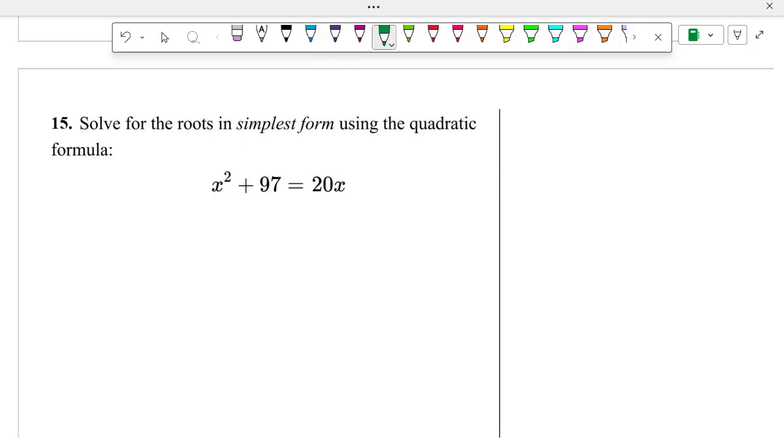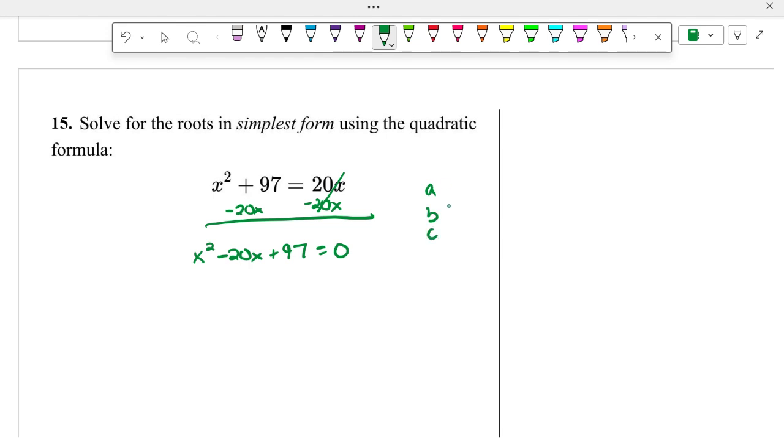So my first step is to subtract the 20x over. Now, do I have anything to subtract the 20x to? No, I don't. So I'm just going to write it in there, because there's nothing to subtract it to, so we're just going to put it in standard form there.